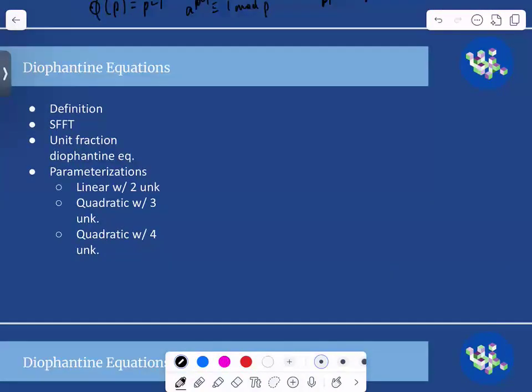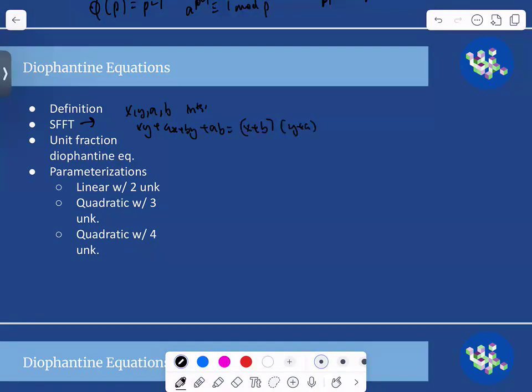And then Diophantine equations are just equations that can be solved over the integers essentially. There are different ways to solve Diophantine equations in computational contests such as AMC and AIME. Usually you can use Simon's Favorite Factoring Trick, which states that for integers x, y, a, b, xy plus ax plus by plus ab is equal to (x plus b) times (y plus a).